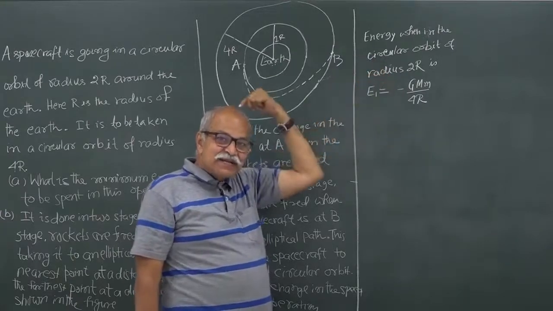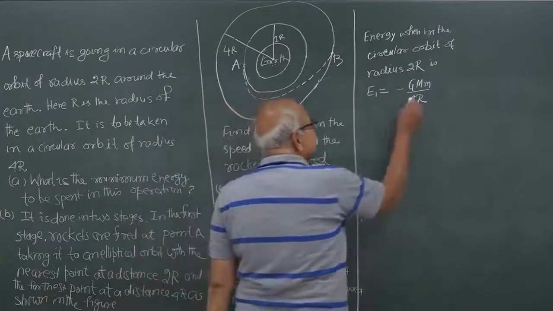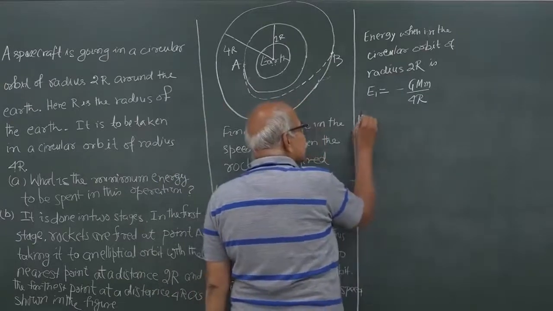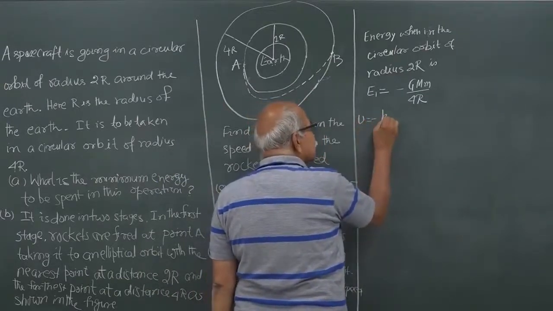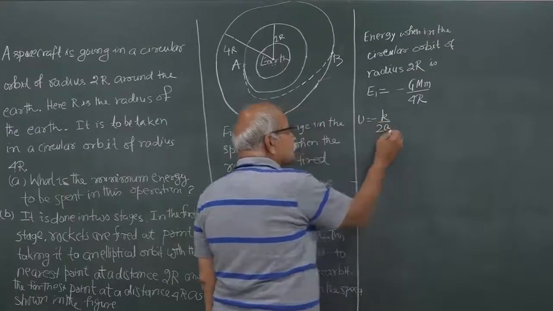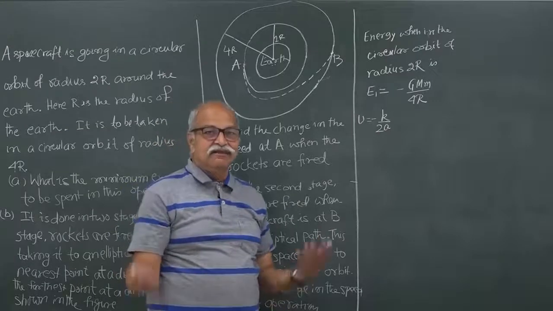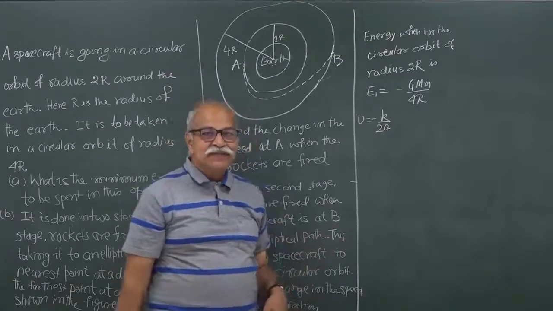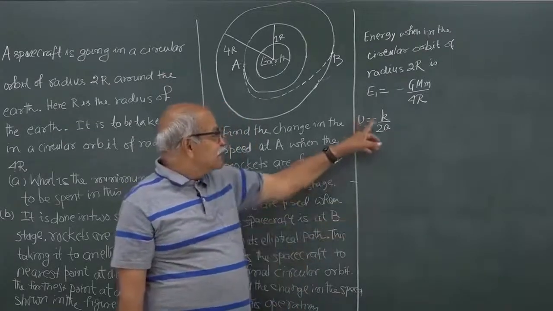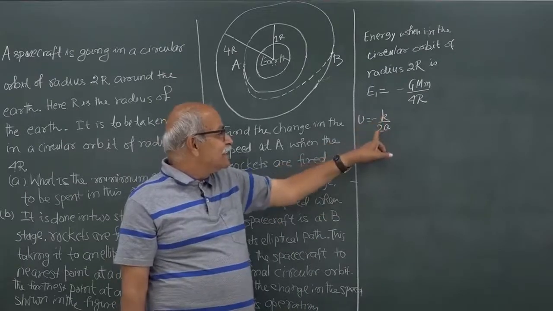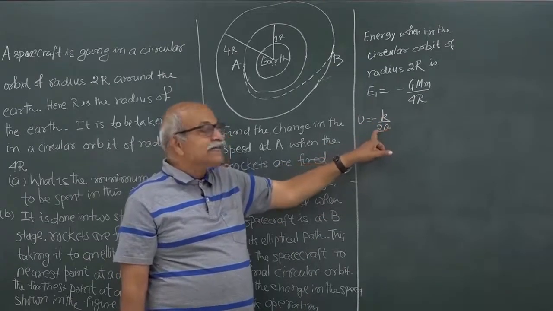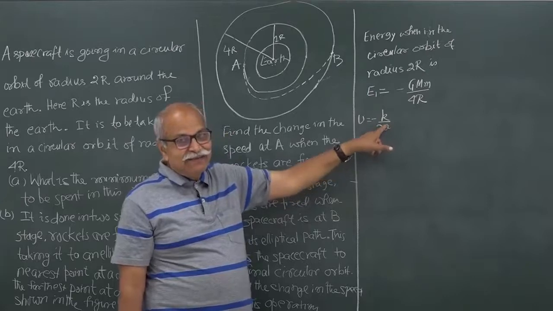There was a simple procedure, and that is, if you remember, the energy is minus k by 2a for any elliptical orbit under inverse square attractive force. The energy is minus k divided by 2a, where 2a is the major axis and a is the semi major axis.